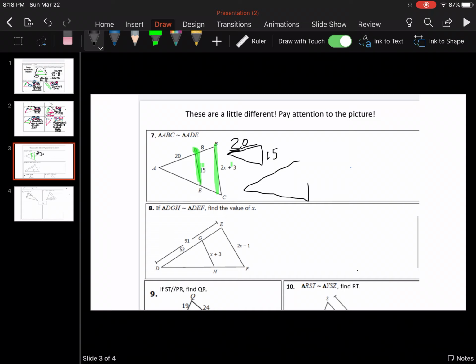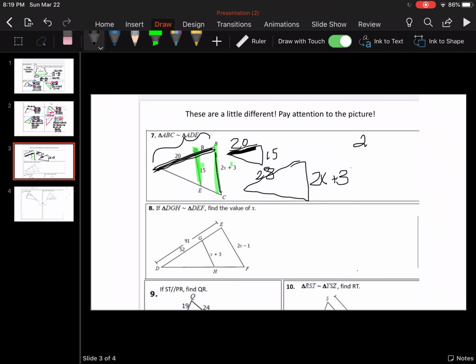These are not pieces, these are whole things. So if I'm talking about the whole side of this triangle, it's not 8, it's 28. Because the whole bottom is 2x plus 3. So we need to make sure that we're using the entire side here, not just the 8. Okay? People mess this one up all the time.